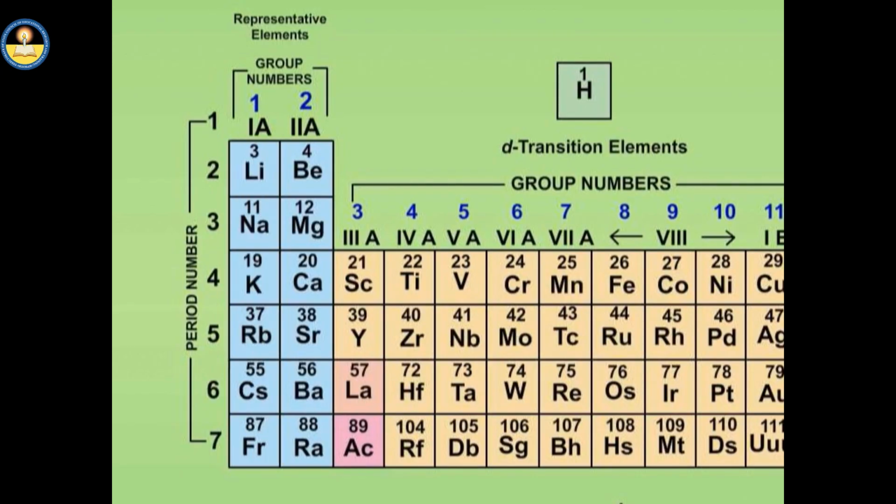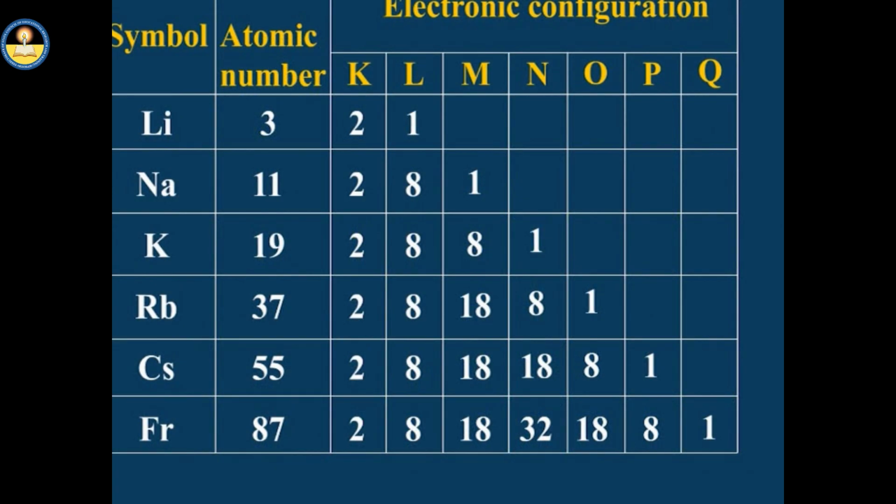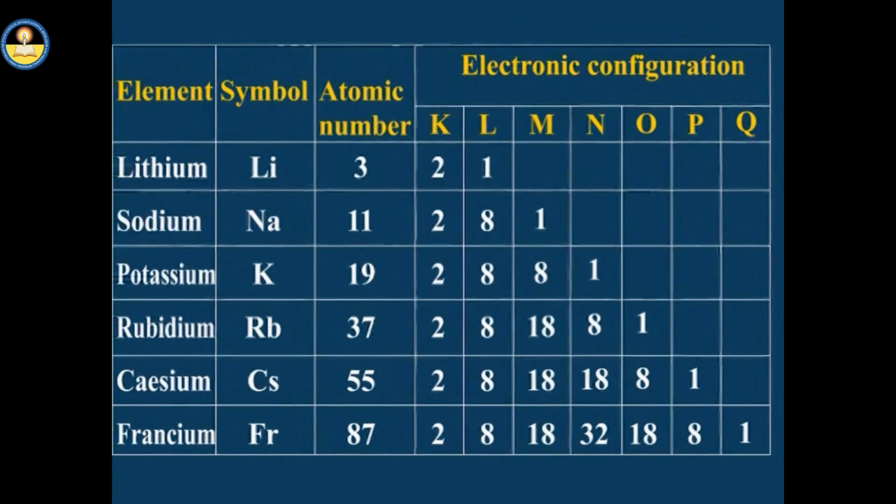The group number of each group is mentioned above it. Each group consists of a number of elements having the same electronic configuration in the outermost shell or valence shell.